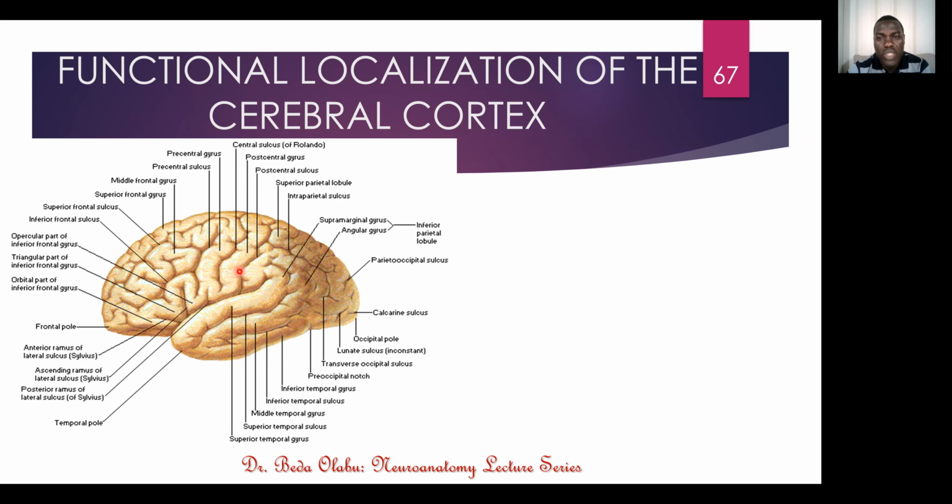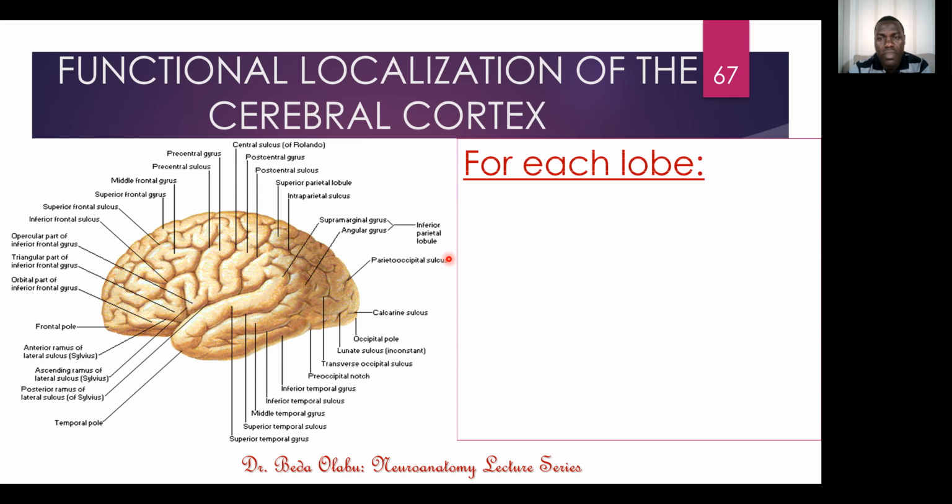But the objective here is that for each of the lobes that we've talked about, which means frontal lobe, parietal lobe, temporal lobe, and occipital lobe, we are going to name some specific gyri. So we'll name a number of gyri in each lobe. For each gyrus that we label, we are going to give the name of the cortex that gyrus houses. Now, the cortical area that we are focusing on is a cortical area with a defined function.